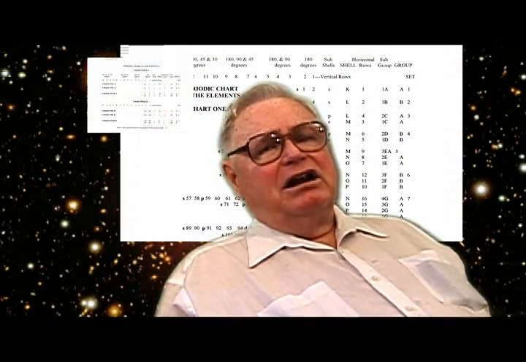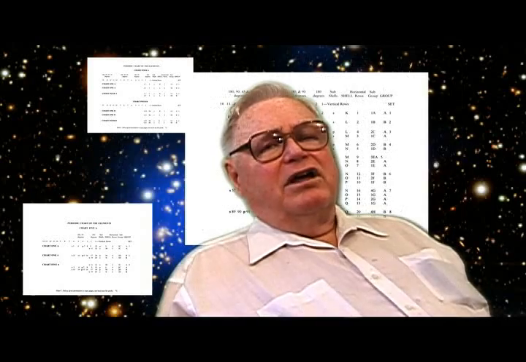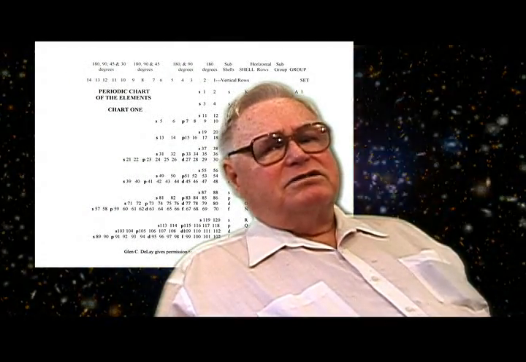And from this chart, I created 10 additional charts showing things that in some cases is known, and in other cases is positively not known, and they use Niels Bohr's shells and subshells, and I give the atomic mass units of all isotopes and their electrons, protons, and neutrons.